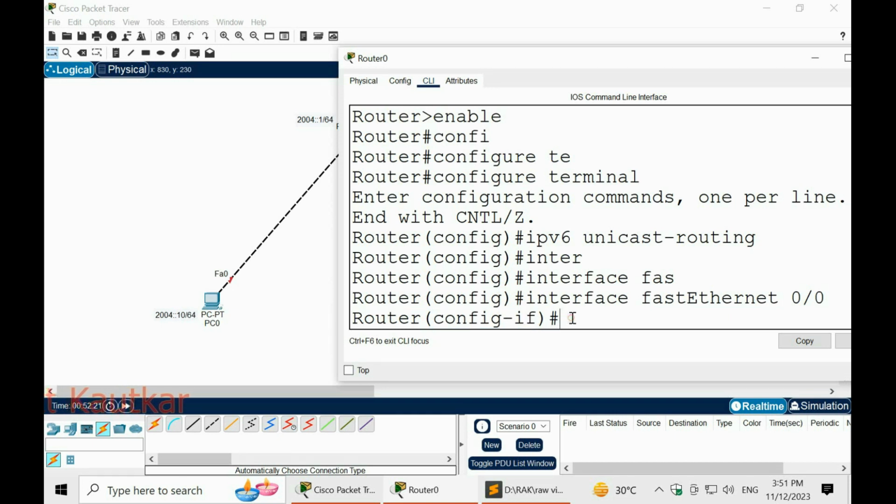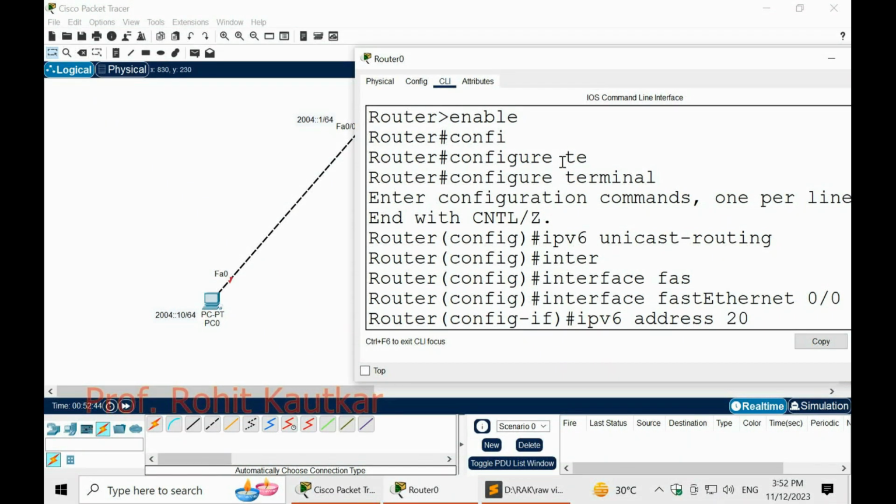Now you can see you are in the configuration mode of interface. Now here we need to specify the IP address for this interface. So for that we will type here IPv6 address, and what address we have specified here, 2004:1/64.